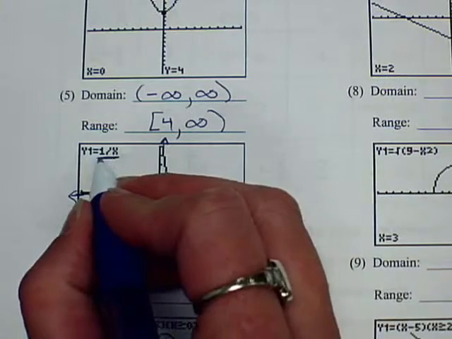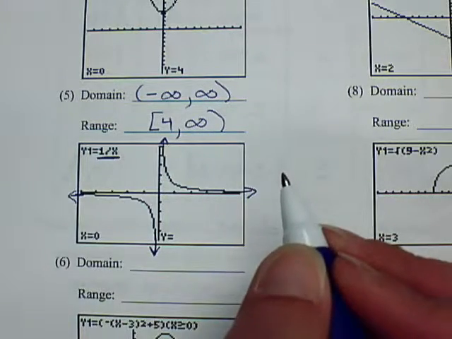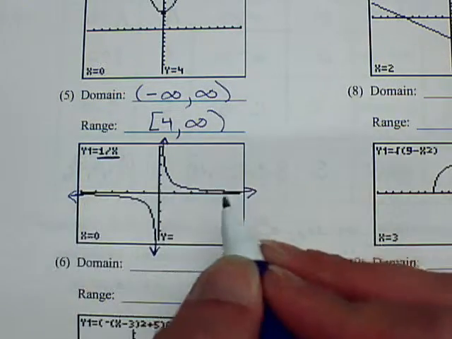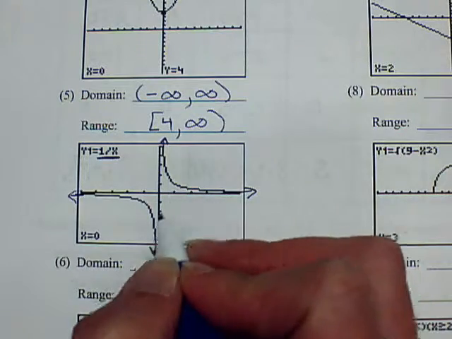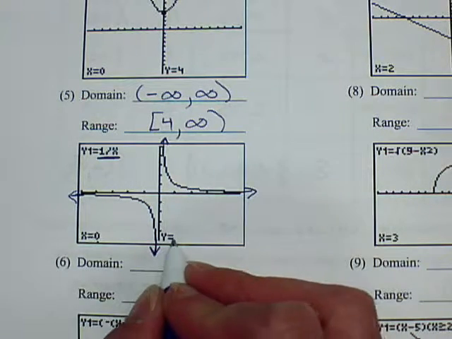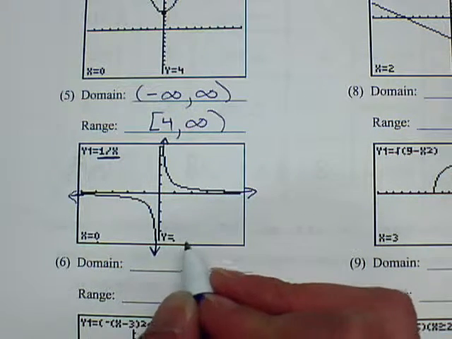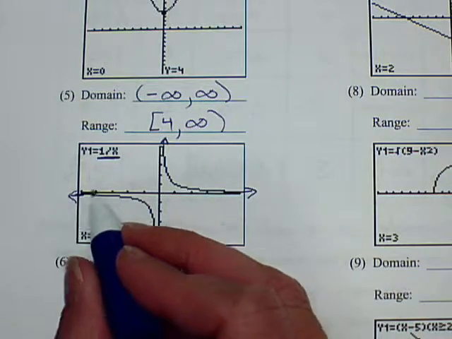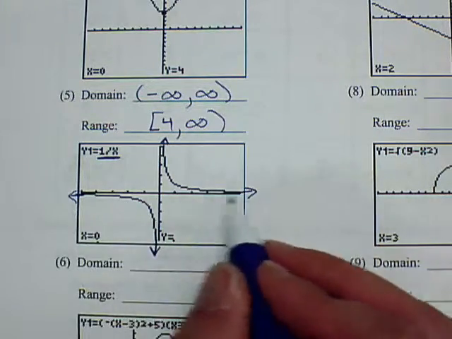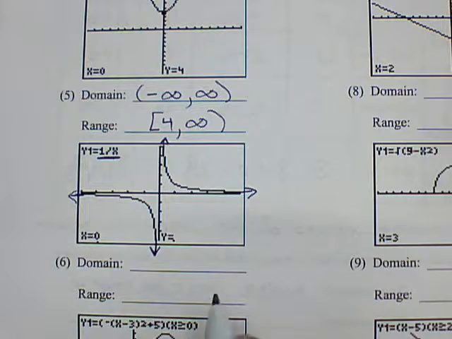This function is the function 1 divided by x, 1 over x. When x is 0, can we even get an answer? 1 divided by 0, it's undefined. We can't do it. So we're okay with everything else on the left side and everything else on the right side, but it just can't be 0.